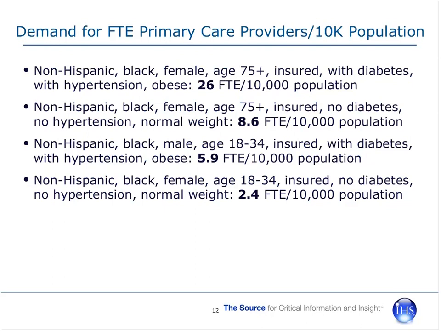Contrast that with a non-Hispanic black female, this time only age 18 to 34, insured, no diabetes, no hypertension, normal body weight: for a population like this, you would only need about 2.4 full-time equivalent primary care physicians per 100,000 population. So it shows that both demographics and other risk factors can be big drivers in demand for services.